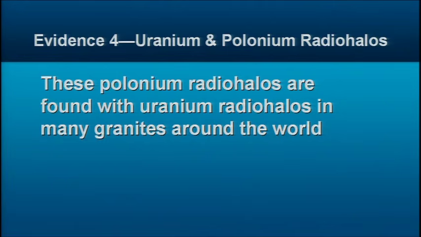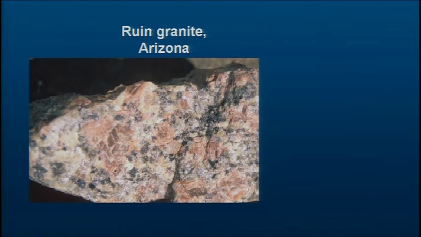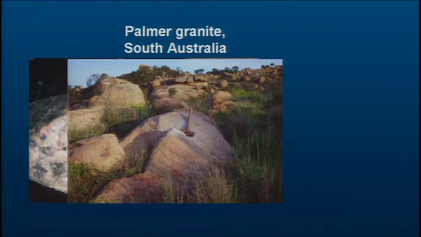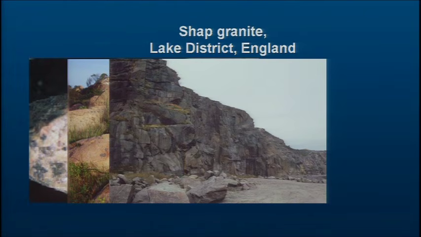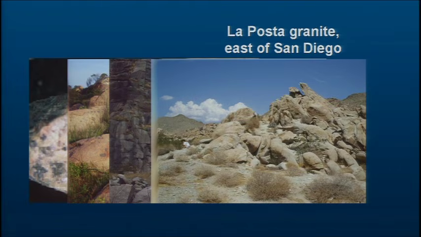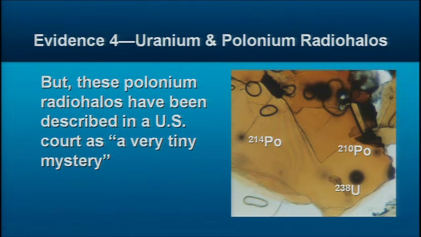And so we find that this element, polonium, is responsible for forming these 1, 2, and 3-ring polonium radiohalos. And these polonium radiohalos are found in many granites around the world, alongside uranium radiohalos in Arizona, in South Australia, again in the Lake District of England. These are just a few examples, east of San Diego.